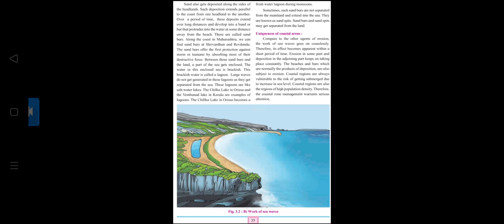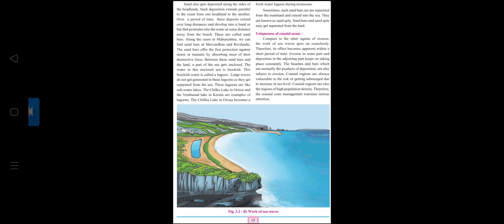So as an objective question, they can ask you all to give some examples of lagoons in India. So Chilka Lake in Orissa and Vembanad Lake in Kerala. The Chilka Lake in Orissa becomes a freshwater lagoon during monsoons. Sometimes such sandbars are not separated from the mainland and they extend into the sea.